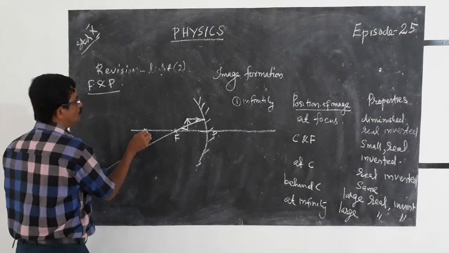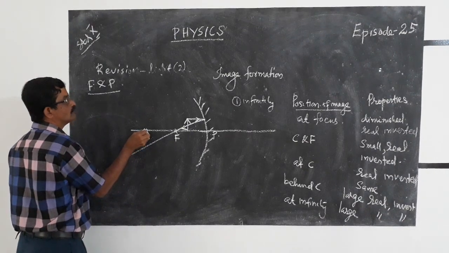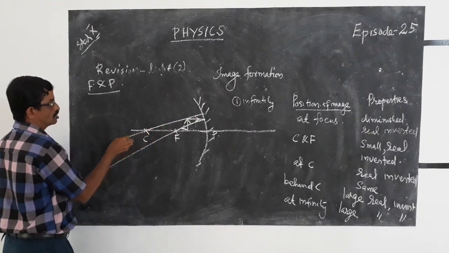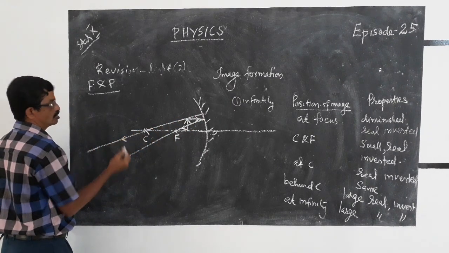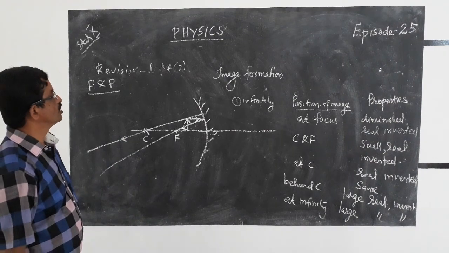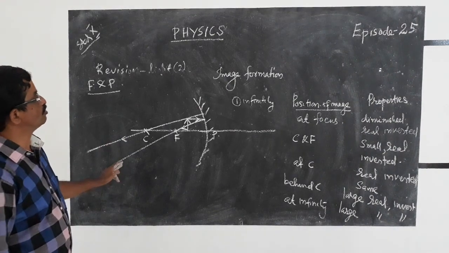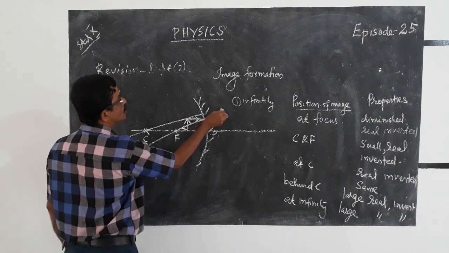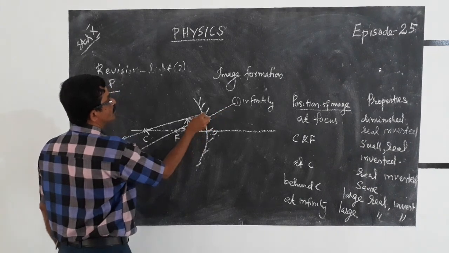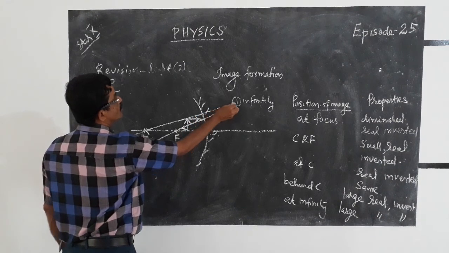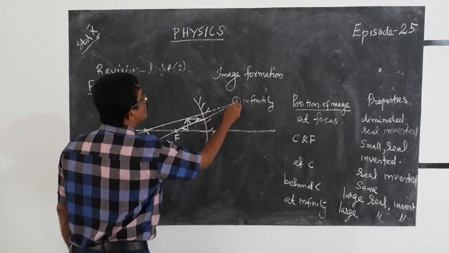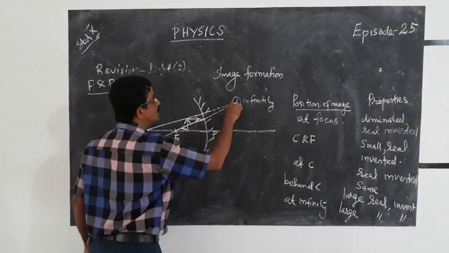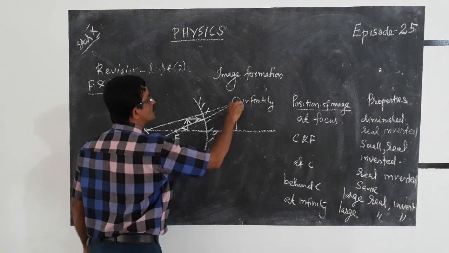Another ray is through the center of curvature, this way. Here these two are not meeting, but we extend these rays in this direction. Now we can see these two meet at this point, and here we get the image.